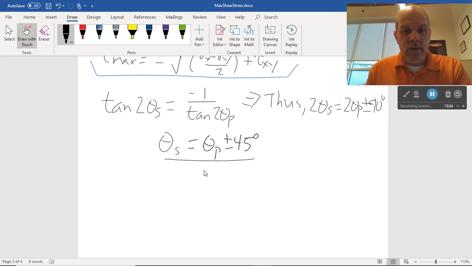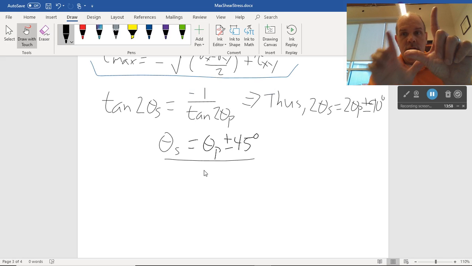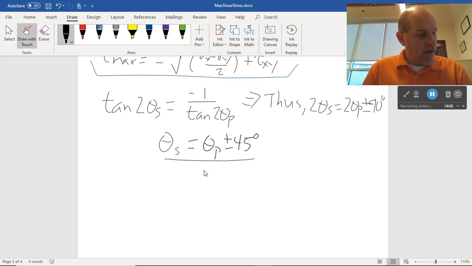The principal stresses and the maximum shear stress, their orientations: if the principal stresses are here, the maximum shear stresses are 45 degrees away. Always. Every time. Guaranteed. You've got to have that. Okay? So that's one thing. Now, here's something else fun. We haven't answered one more question.